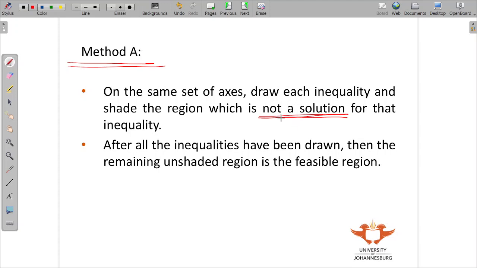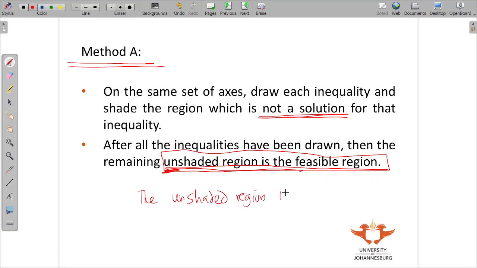After all the inequalities have been drawn, the unshaded region is the feasible region. You must also comment on that and state that the unshaded region is the feasible region.